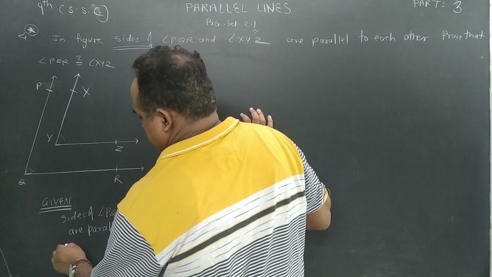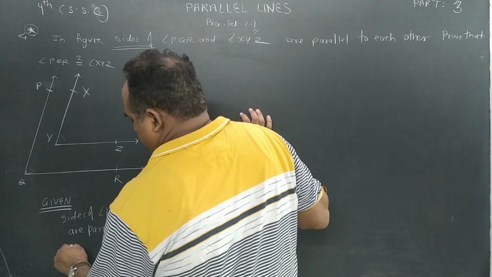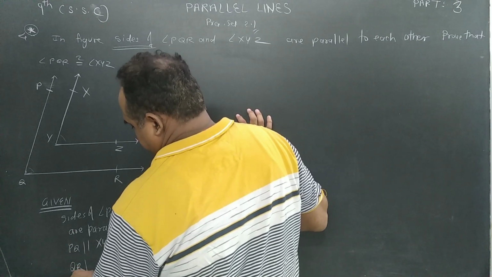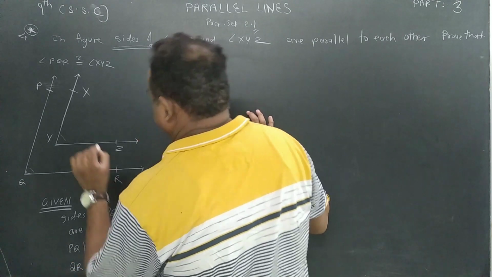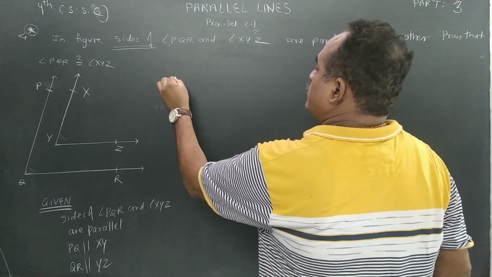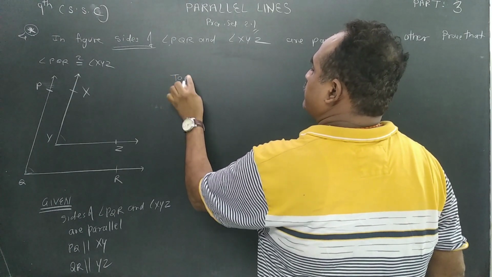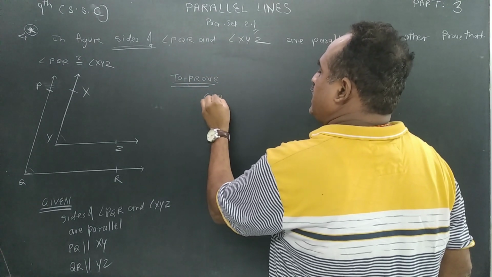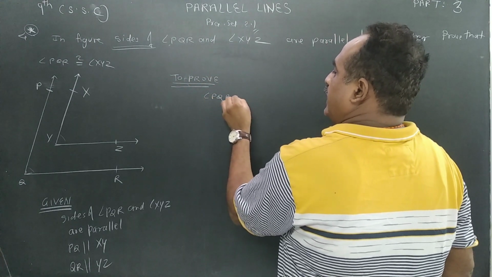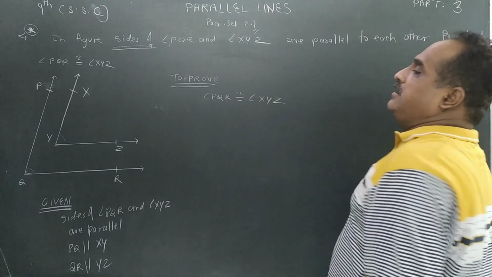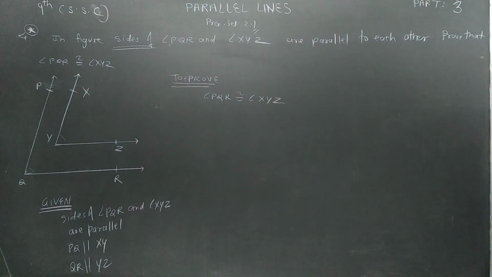I can say that PQ is parallel to XY and QR is parallel to YZ. And what are we asked to prove? Now we are going to write prove. Angle PQR is congruent to angle XYZ. Okay, so we have to prove this.